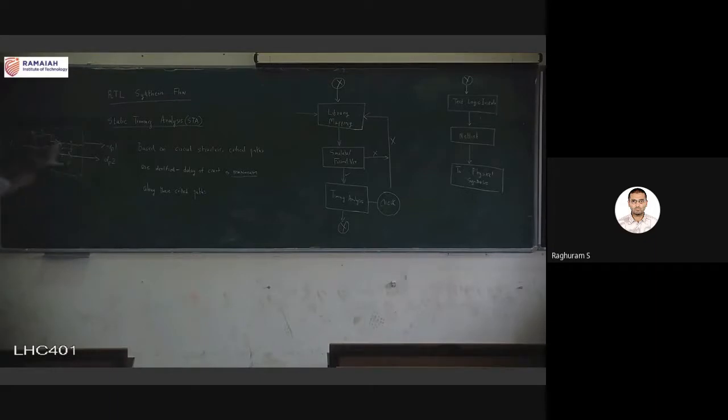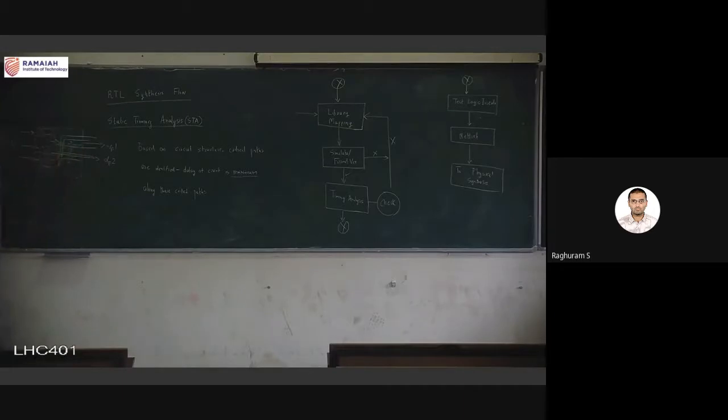But I can have these types of connections where, for example, there are many ways between the input and output. So this is one path, this is another path, like that.